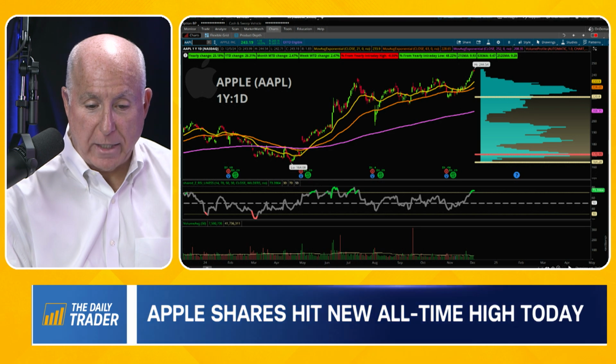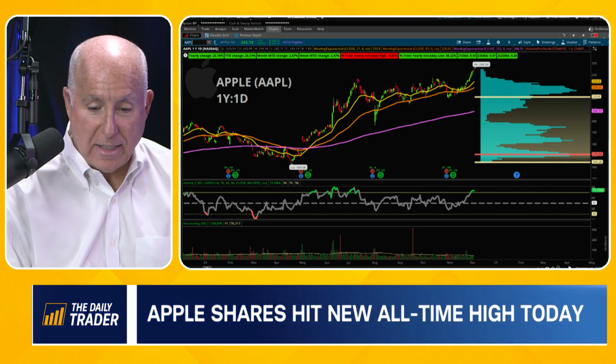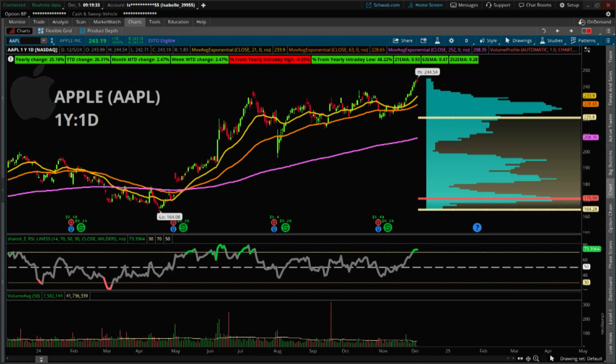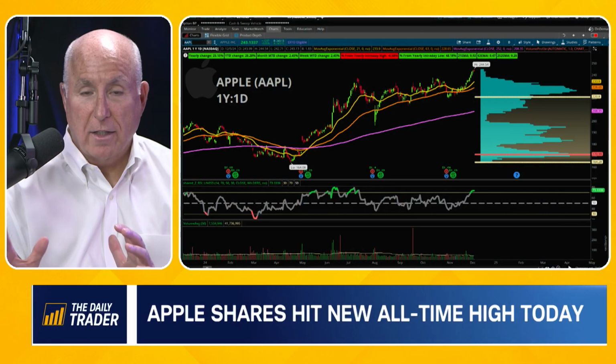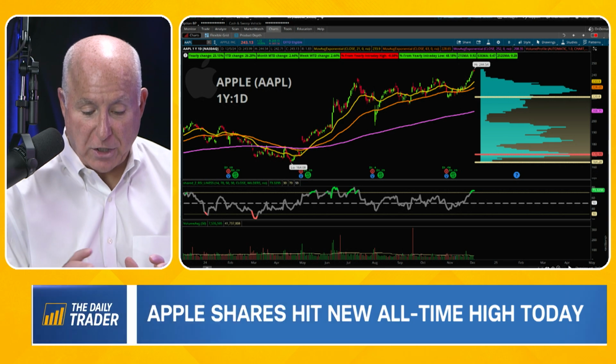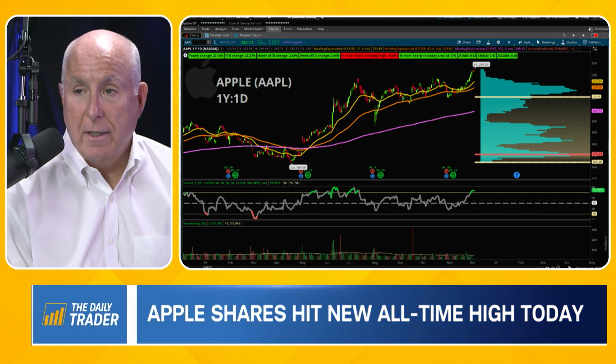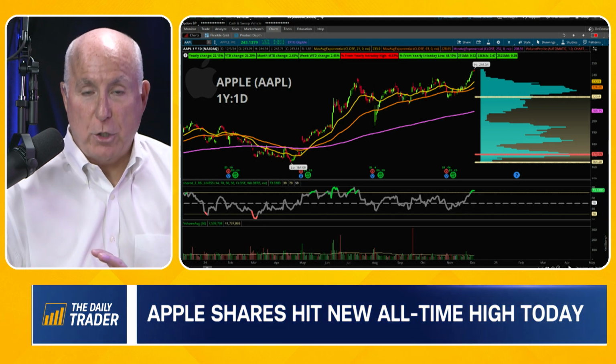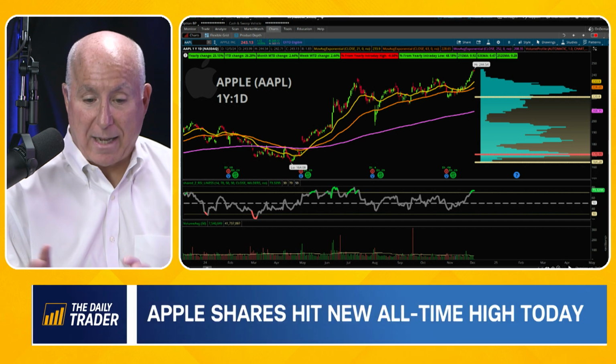As you know, if you look at a chart on Apple right now, this stock in the last 12 months is up 26%, but it's up 23% in the last 6 months, right? That second half of the year, anticipation of the iPhone 16 and the super cycle and all the things and the Apple Intelligence and all the things that it could lead to are in the stock right now.